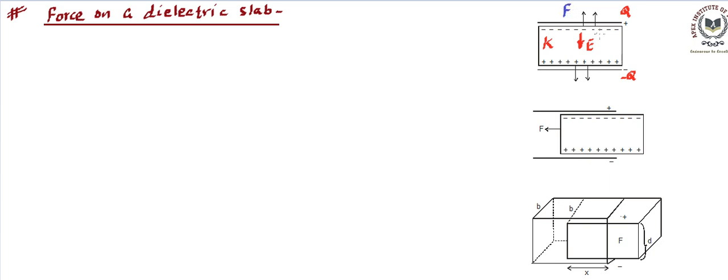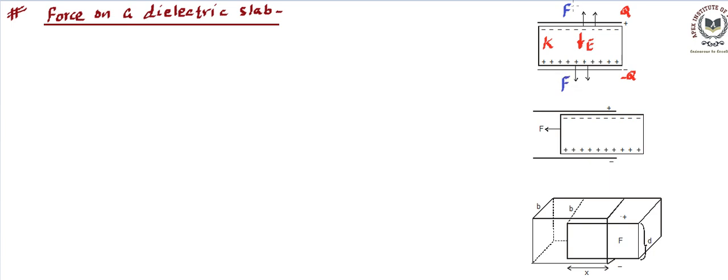And that will be acting on the dielectric slab on the face close to the positively charged plate. Similarly, this positive charge will experience a force in the direction of the field. So there is going to be another force acting in this direction on the dielectric slab.